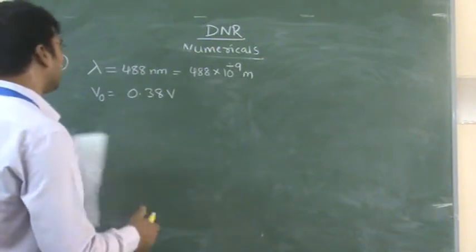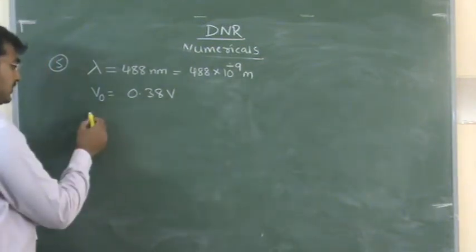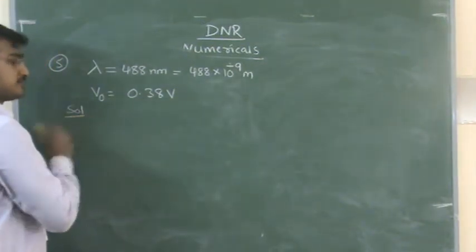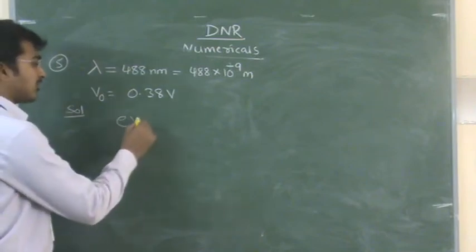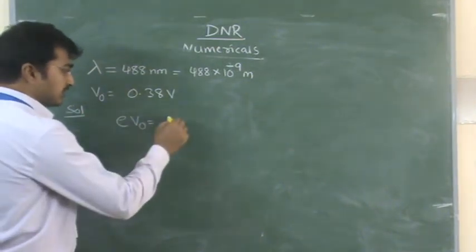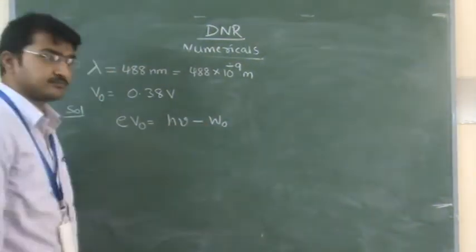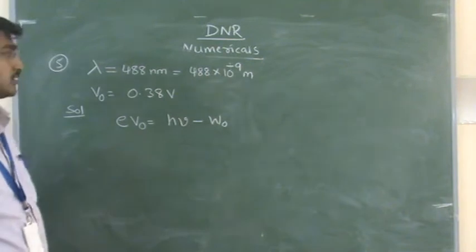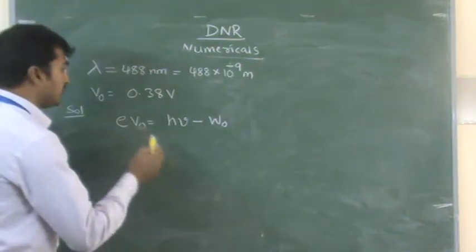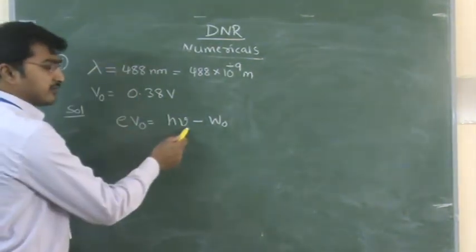So directly I will go with the formula. Solution for it. eV naught is equal to h nu minus work function. Okay. So then they gave lambda, so we should convert this value.